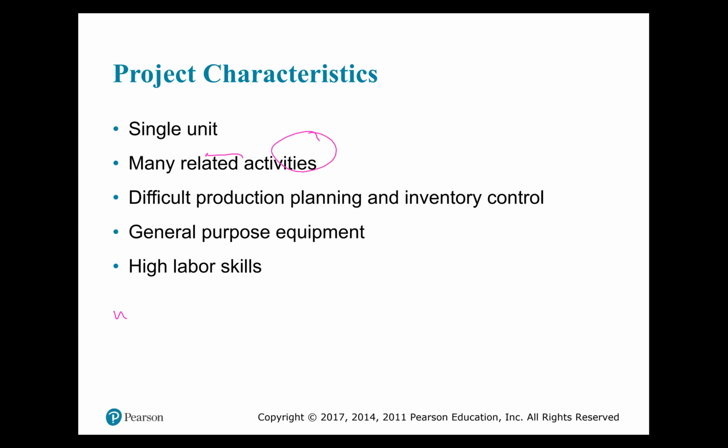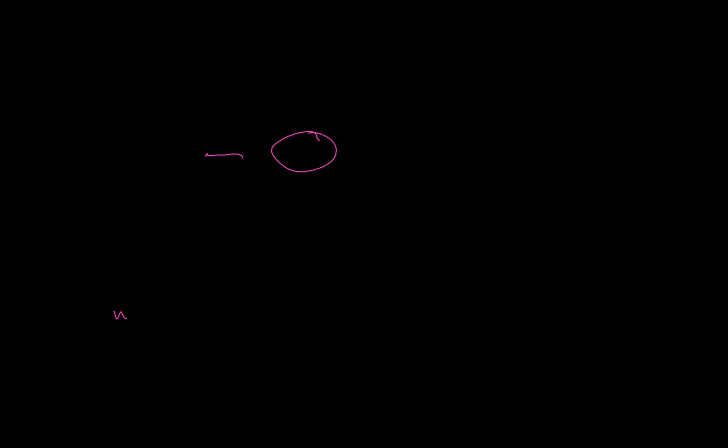You hear multiple stories of people walking off building sites with barrows filled with all kinds of material and so forth. So when you're undertaking a project, you have a bit of a difficulty with the planning and the inventory control.